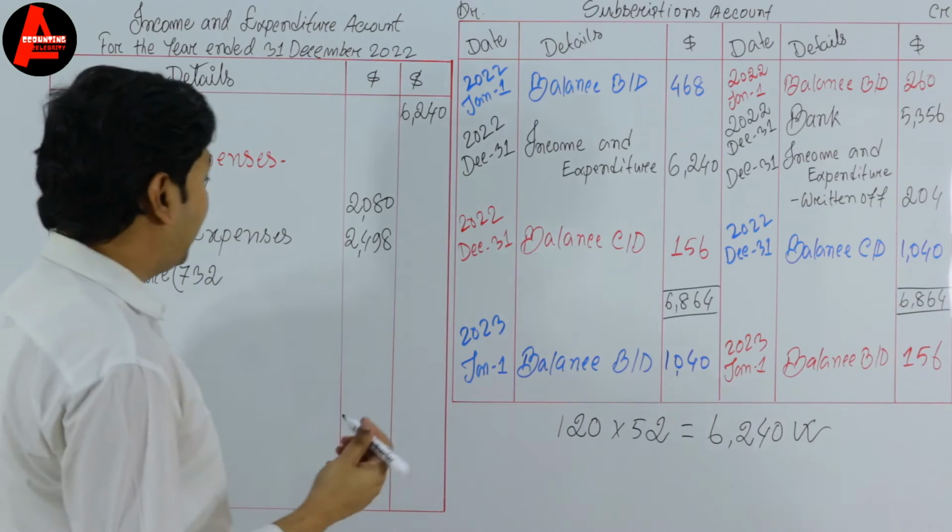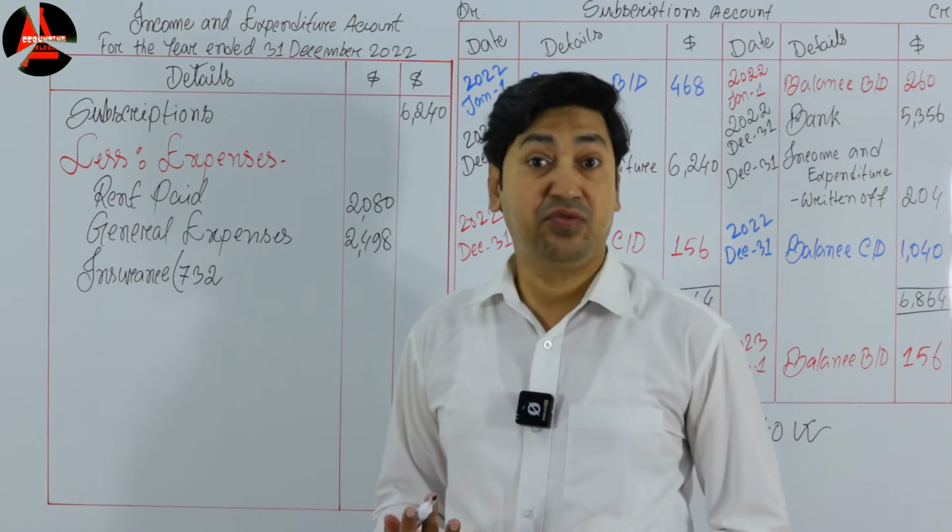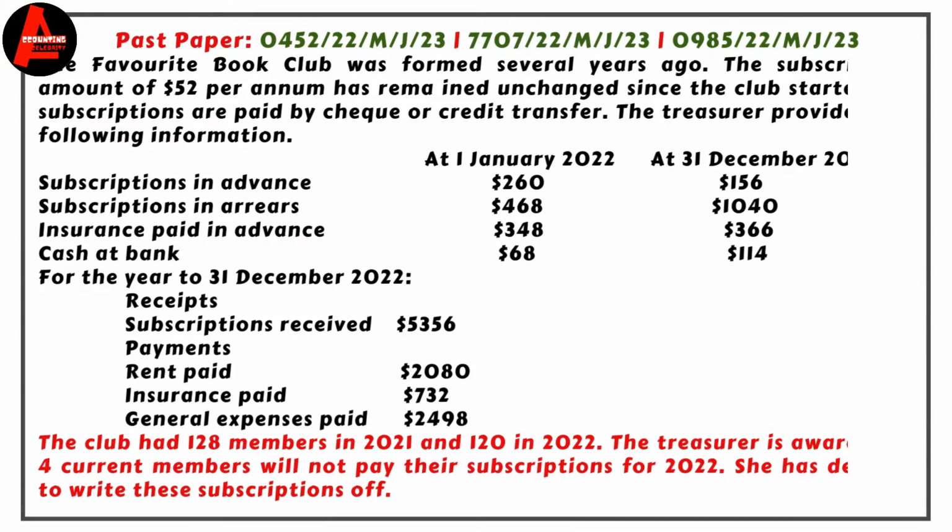$732. Okay, now you might be thinking why we wrote insurance here. Well, we have some adjustment with this insurance. So here on the question, we have insurance paid in advance. So 1st January 2022, it is $348, and 31st December 2022, it is $366.